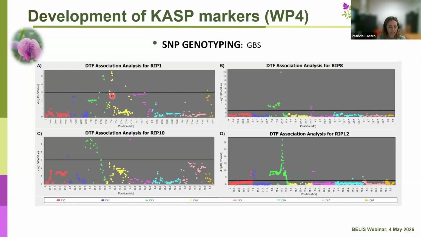Also, there are some other regions associated with flowering time in multiple populations. For instance, in chromosome 3, highlighted in green, that is present in populations 1, 8, 10, and 12, and also the region in chromosome 5, highlighted in pink, that is present in populations 10, 8, and 12.